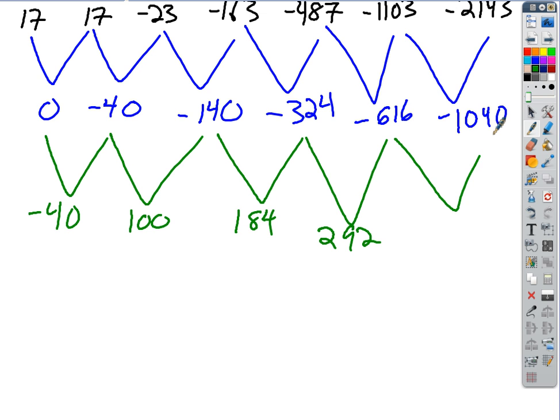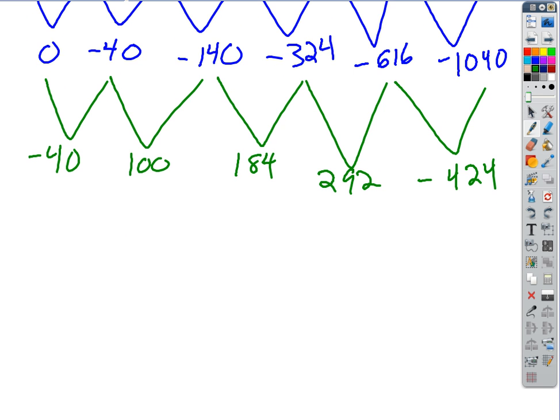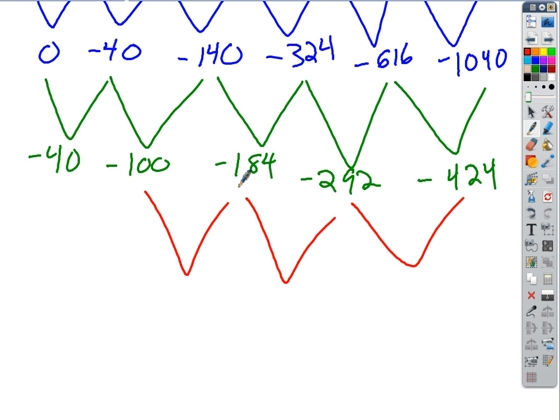And then negative 424. Okay. Oh, and these should be negative, shouldn't they? Yeah. Definitely not constant still. Negative 100 plus 40, negative 184, so that's going to be, right?